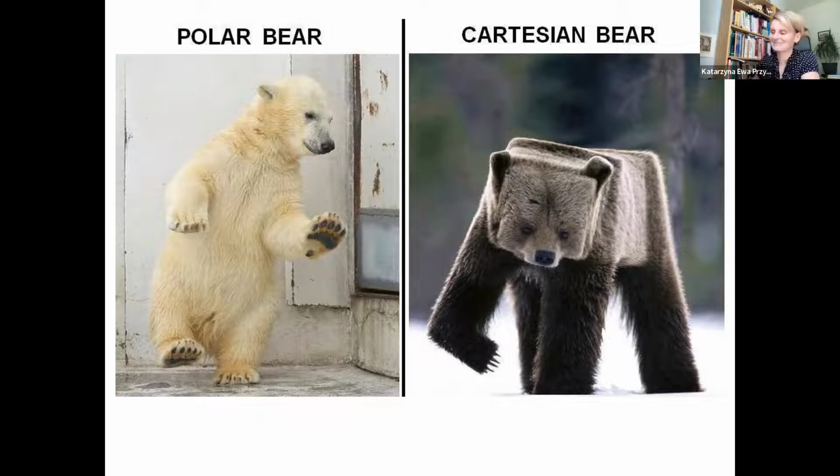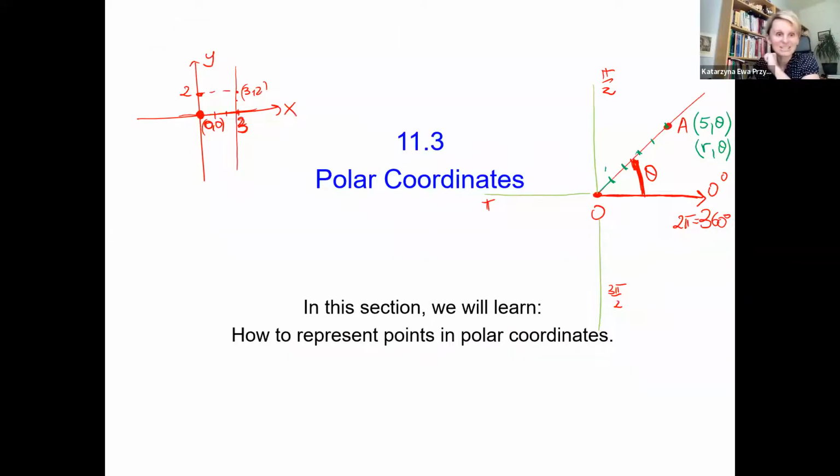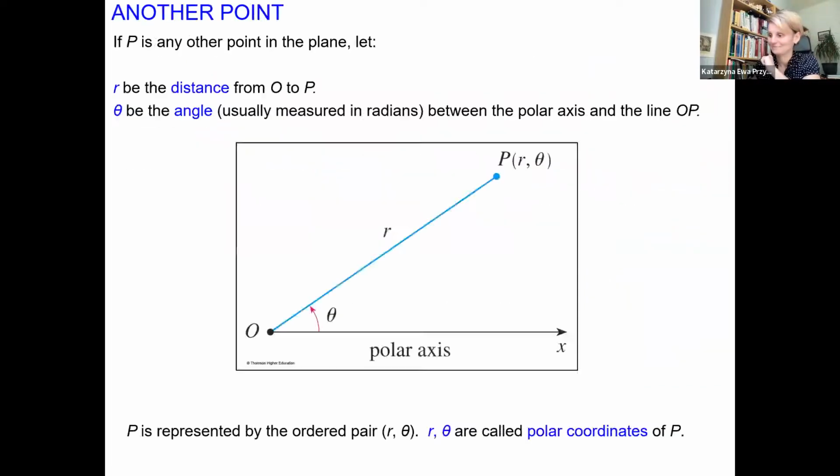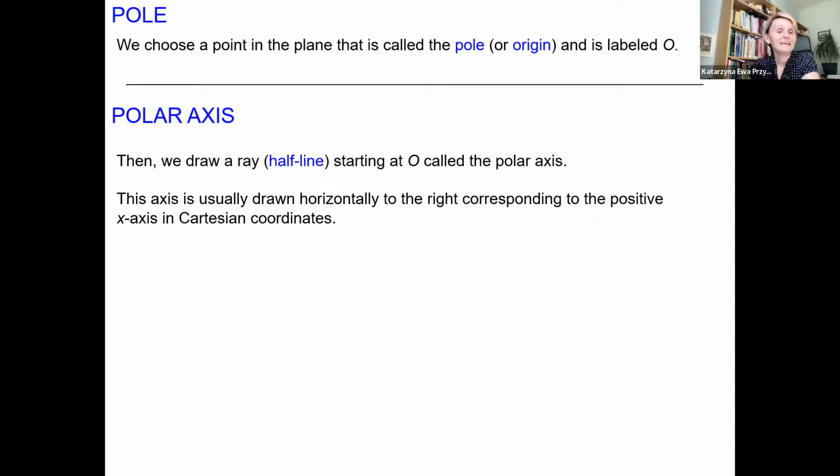Okay, just a little bit of an idea, but let's come back. Let's actually see everything properly. For polar coordinates, we will need a pole, which is the origin, and we will need a half line. We call this the polar axis.